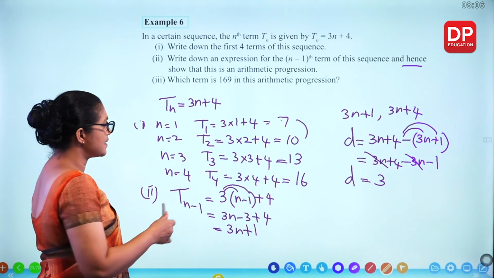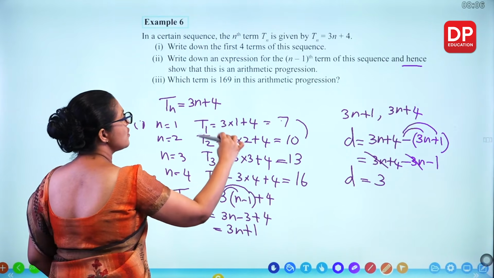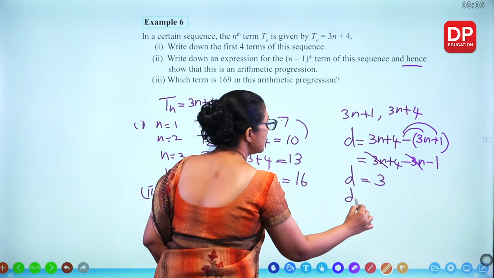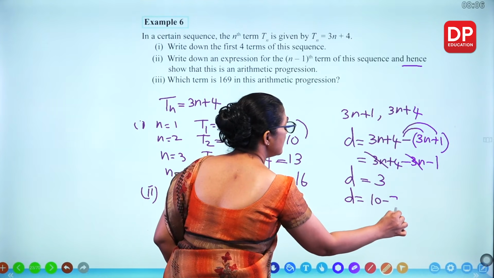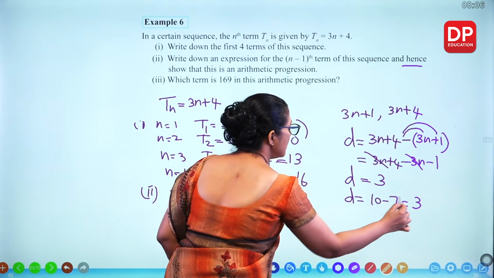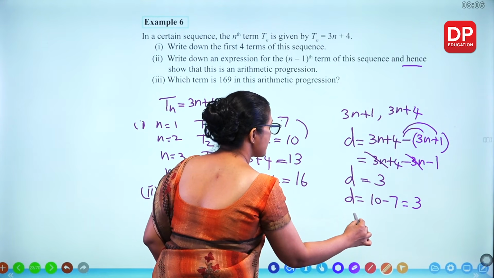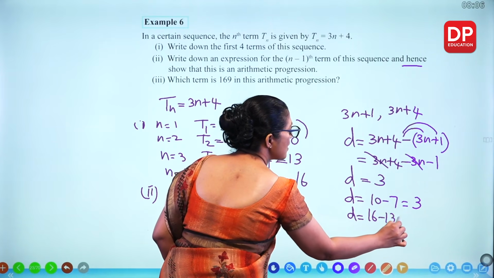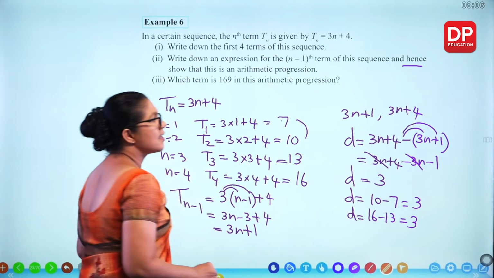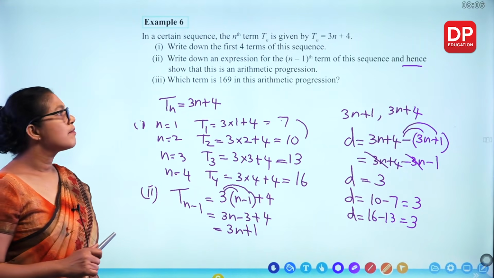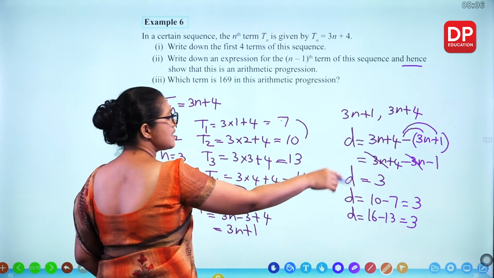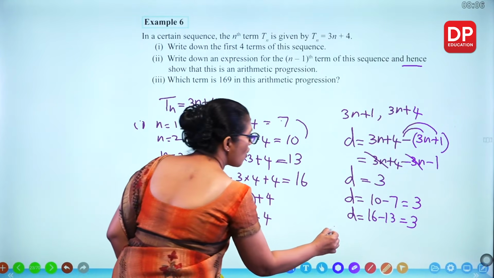So that means when you take the first 4 terms, the difference is 3 as well. So there's a common difference. To show that this is an arithmetic progression means you get a common difference.